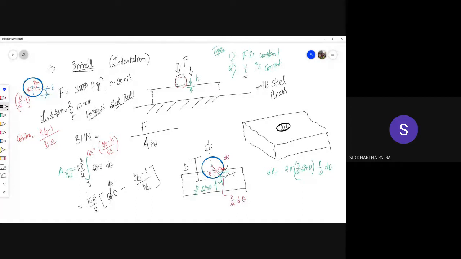Now cos of 0 is 1. So I have pi d squared by 2.